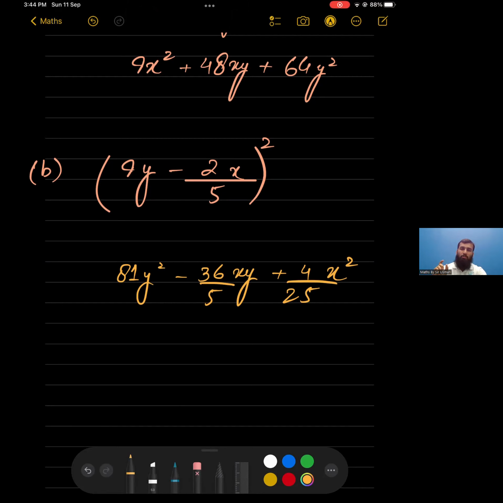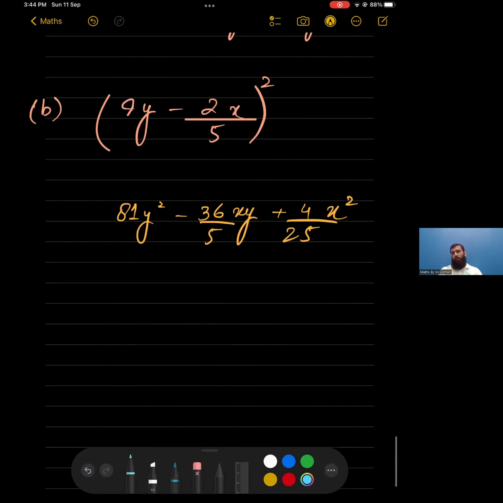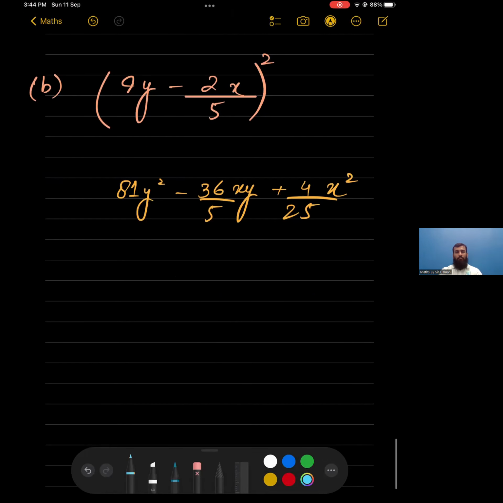We just need to be cautious with the denominator. Wherever a fraction comes, you have to take great care of the denominator and give it a lot of respect. Okay, perfect. So since we are getting the same answer, we'll now move on to the next topic, which is factorization. So now we are starting factorization.